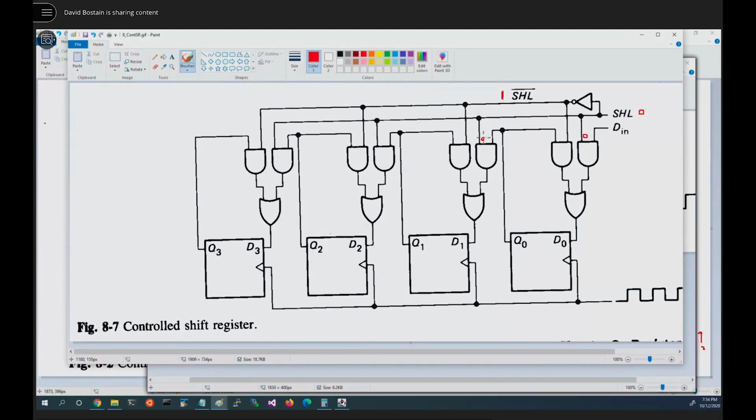He's got a 0 coming in. Zero coming in. So just like with the logic thinking, not shift left means we don't want things to shift left. We want to recycle. So the ones will appear on all the other gates, which means they effectively could be input.